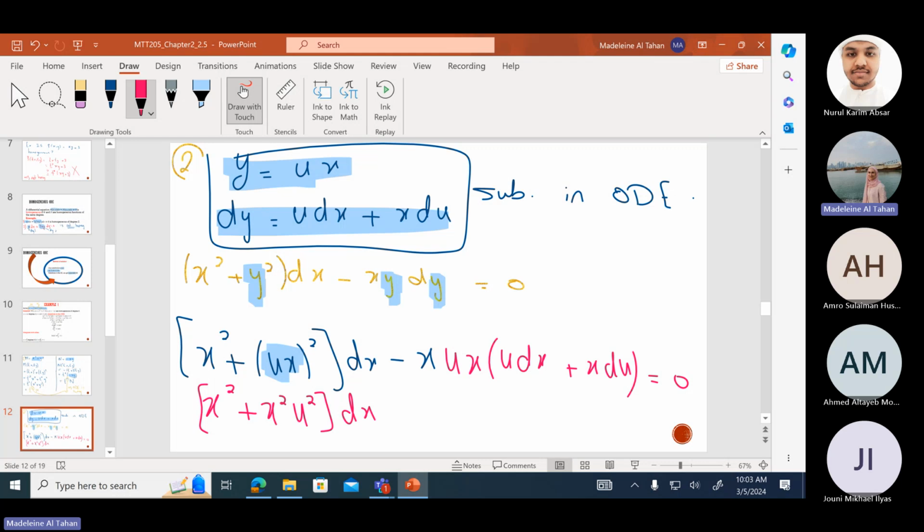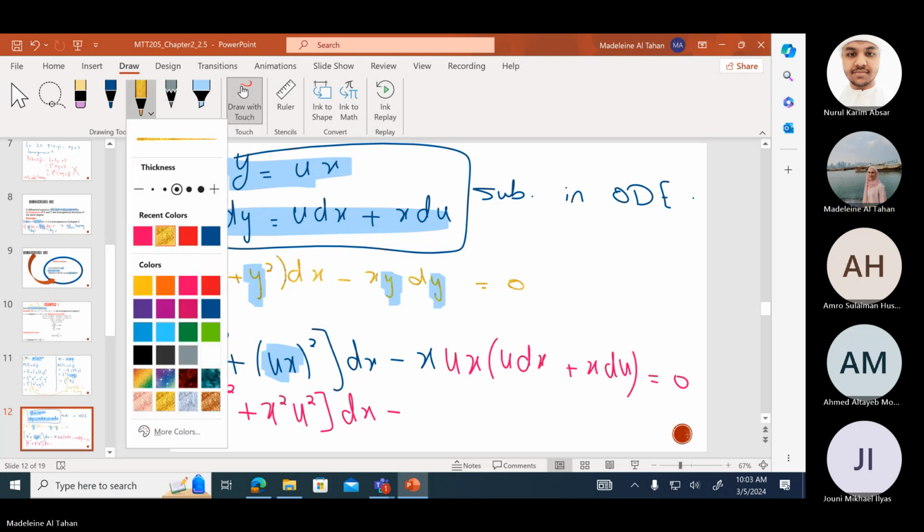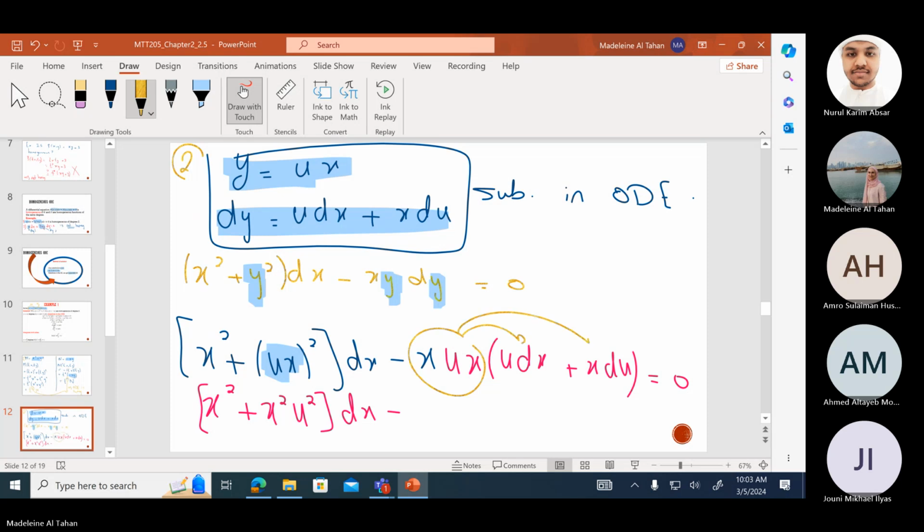This one is minus x squared u squared dx, the first entry, right? Expanding, x squared u squared dx, right? The second one, minus x cubed u du equal to 0. Please check if this is correct or not.